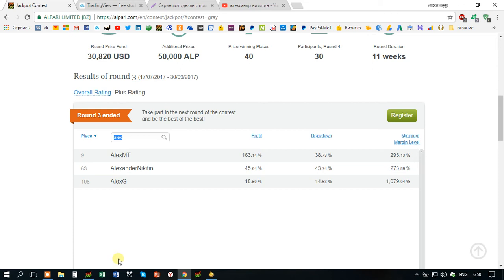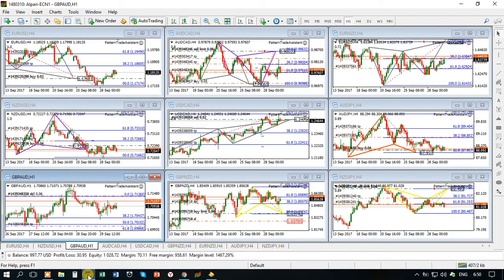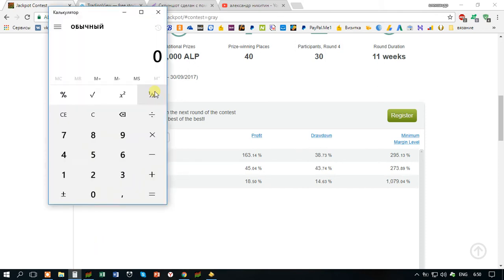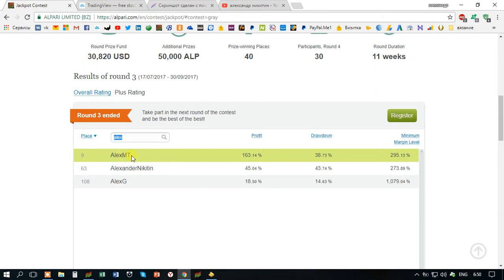The recovery factor is the profit divided by your drawdown, 163 divided by 38, so the recovery factor of this person is 4.28.